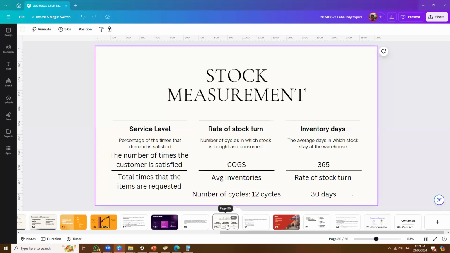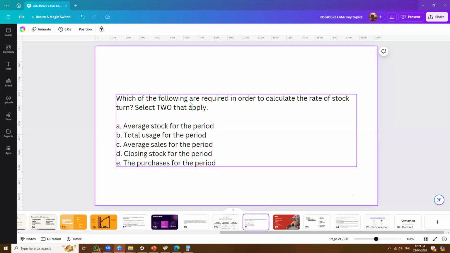So it's the formula. And let's return here. Which of the following are required in order to calculate the rate of stock turn? Simply, it is just a matter of formula. And the thing is, CIPS may use synonyms for the answer so that they can hide their true intention.